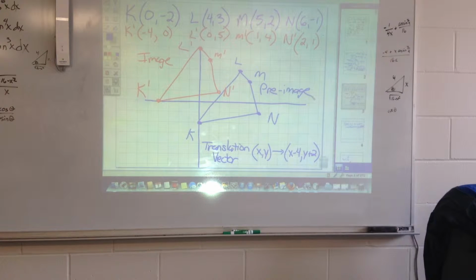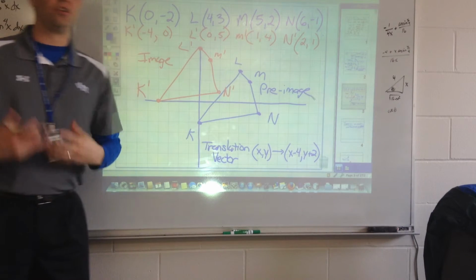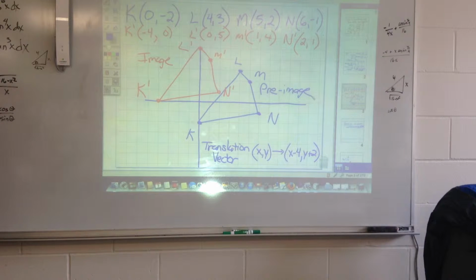The red one is called the image. The blue one is called the pre-image. How do you know which one is which? Look for those little prime notations. When you see these problems in the book, as soon as you see those little prime notations, you know that is the new image. That is the image after the translation vector has been applied.